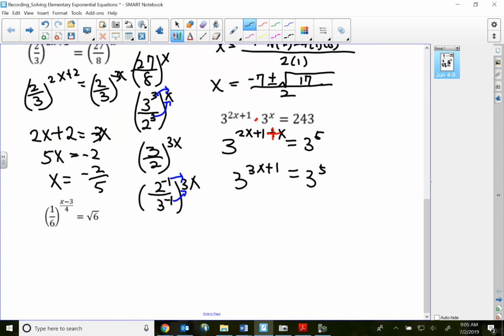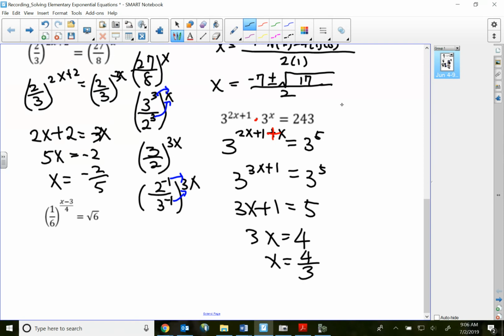All right. So now when the bases are the same, I can set the exponents equal to each other. So this is going to be 3x equal to 4, x equal to 4 over 3. There you go. We don't do this a lot, but sometimes you can say, okay, this is 3 to the 2x plus 1.